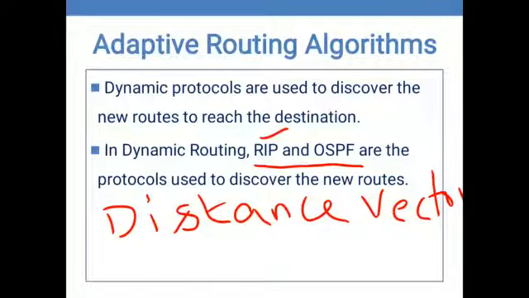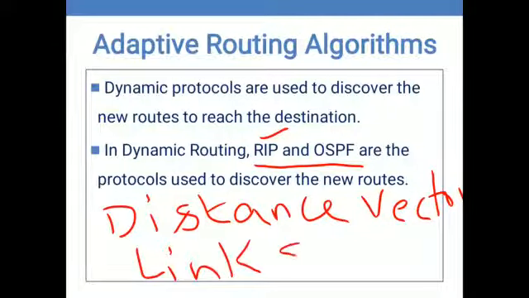Open Shortest Path First. So distance vector routing maintains the routing information to discover the new routes. And the other routing protocol is called OSPF. OSPF is Open Shortest Path First, and it is the best example for the link state algorithm.